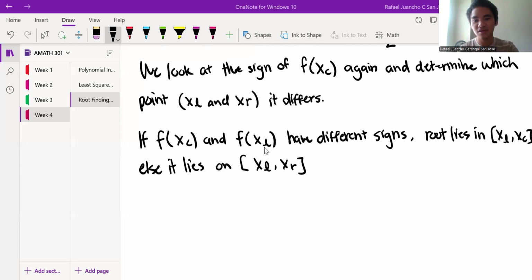And so let I be the length of the original interval.